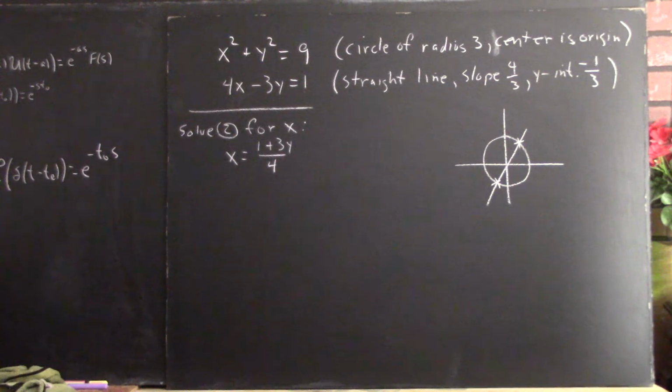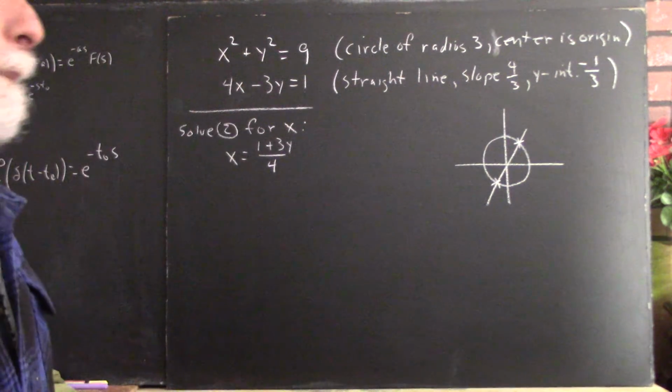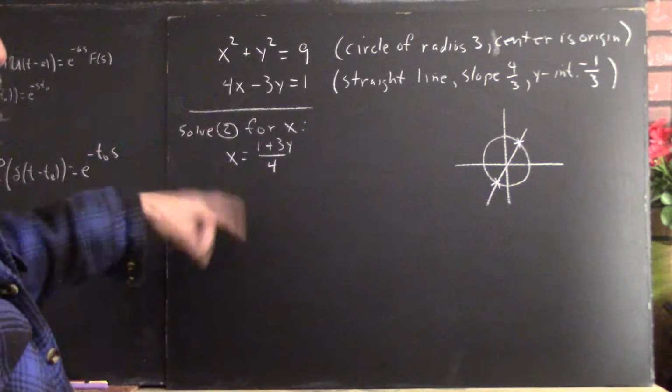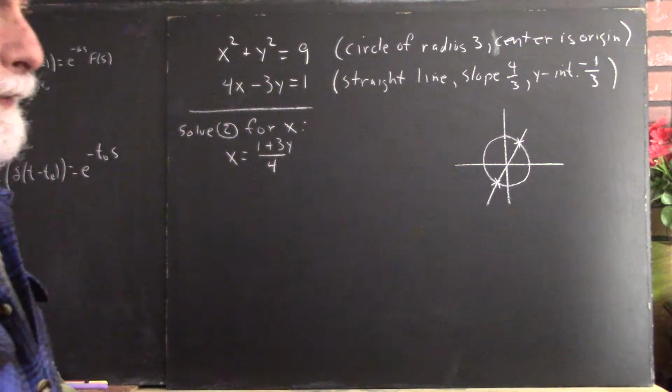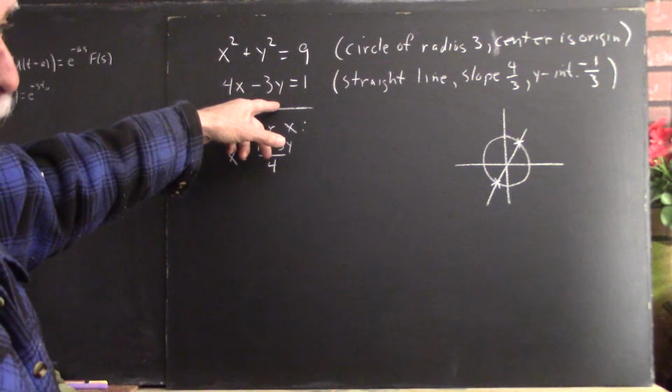So I'm not going to write out the details of the solution. We just add 3y to both sides, divide by 4. I chose to solve for x because the signs end up easier, but we could as easily have solved for y.